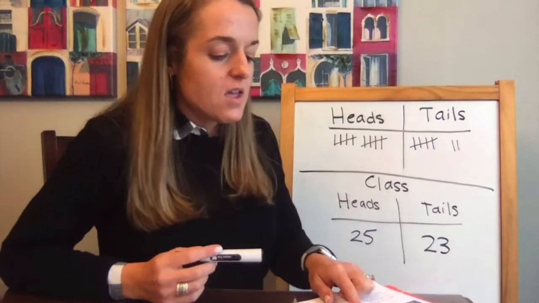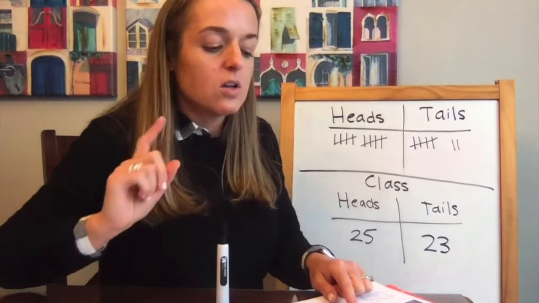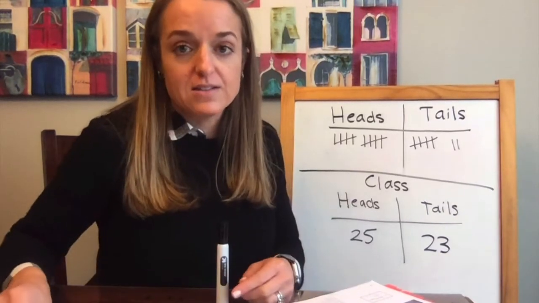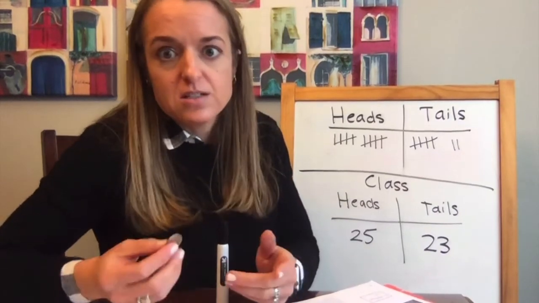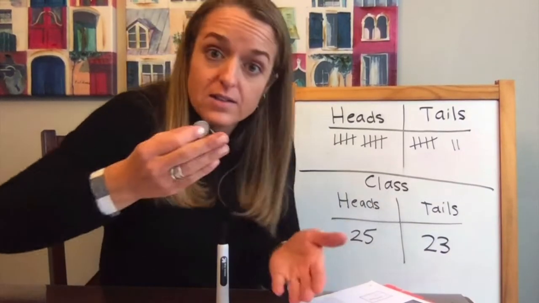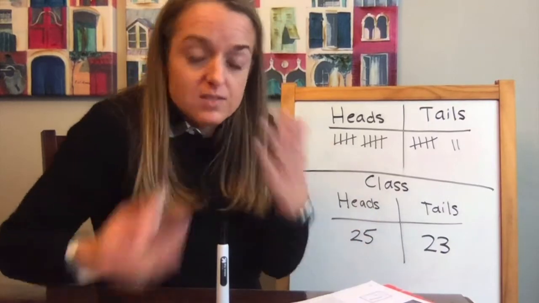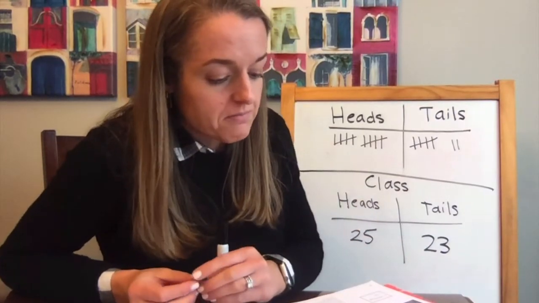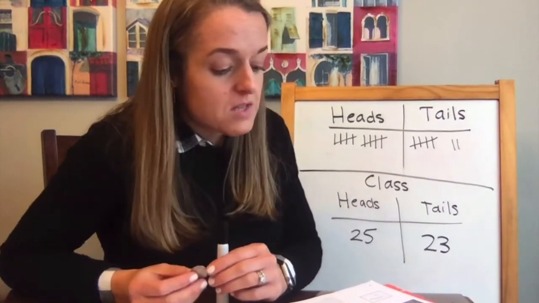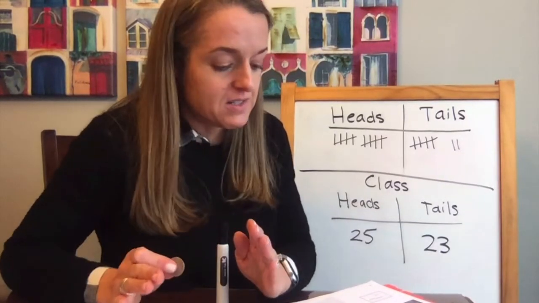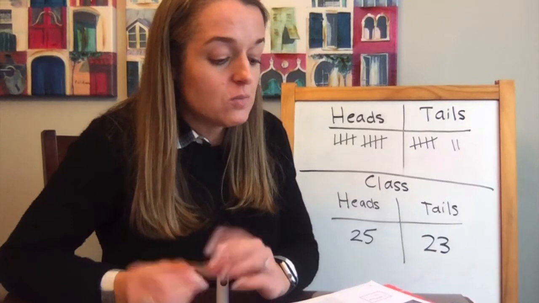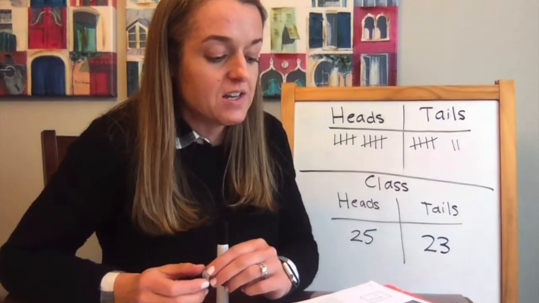Now, if your coin landed on heads, would it for sure land on tails the next time, since that's the other choice? Does it always go heads, tails, heads, tails? No, because we all understand that every flip of the coin is independent. And that is why we are usually happy to use a coin to get a chance outcome.